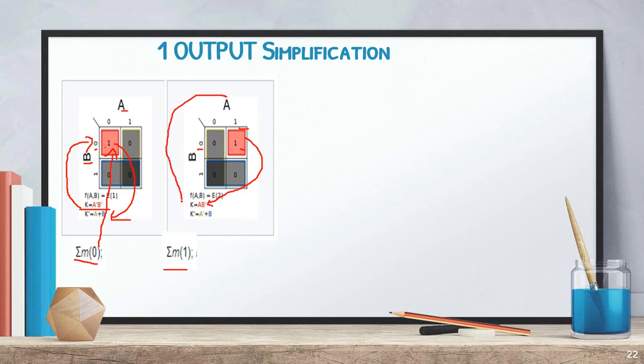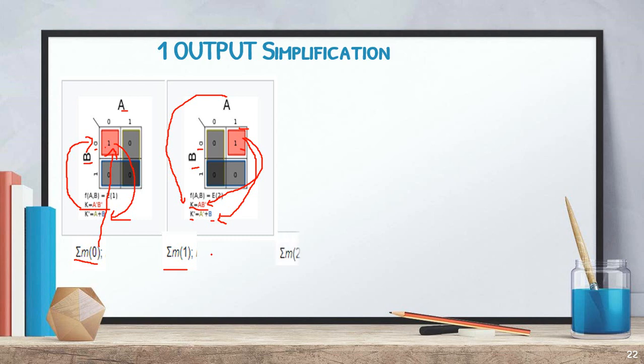Because A is as it is, and B bar is present in this particular group, so it is A B bar. If you want to represent the same thing in POS form, wherever A is present you write A bar, plus wherever B bar is present you write B, and the equation you have to write in K bar.